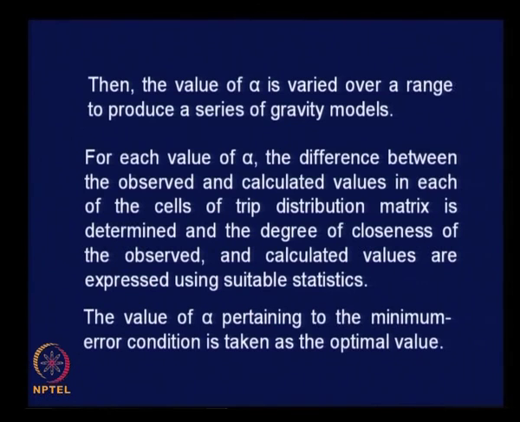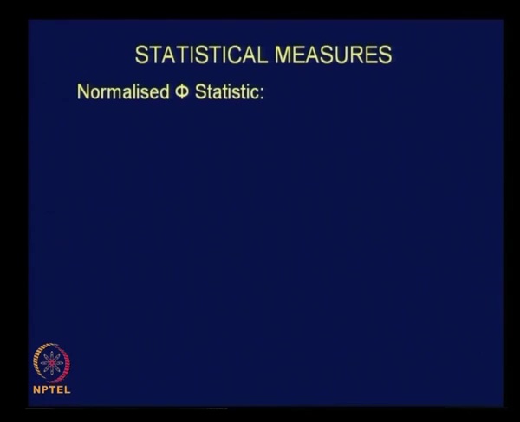Obviously, the value of alpha pertaining to the minimum error condition is taken as the optimal value. And these are the statistical measures used for comparison of the two matrices. I am not going to give the basic theoretical background or the proof of these formulae.